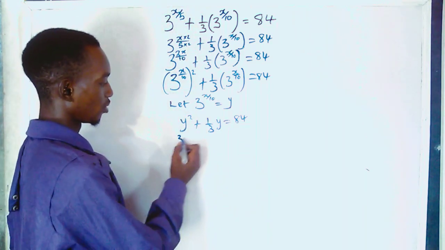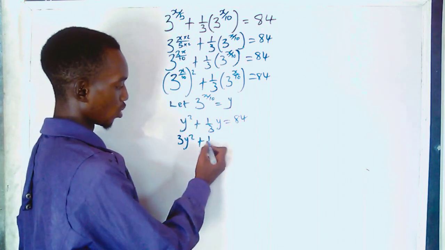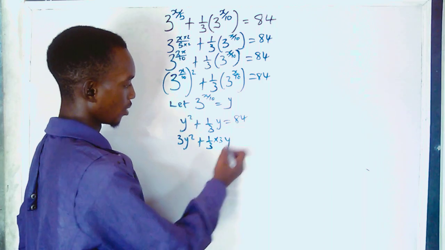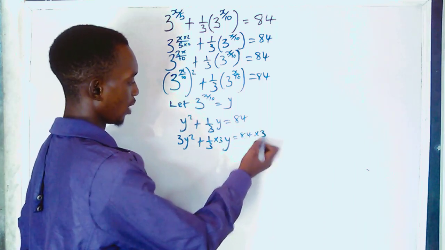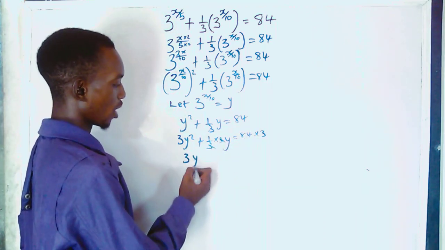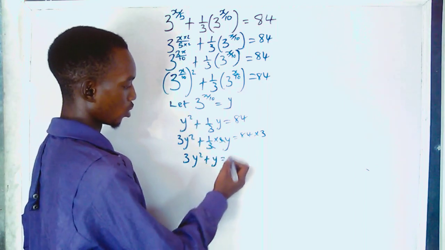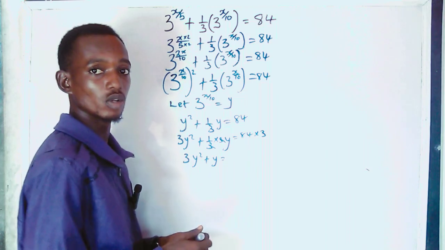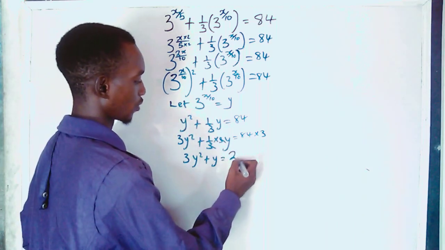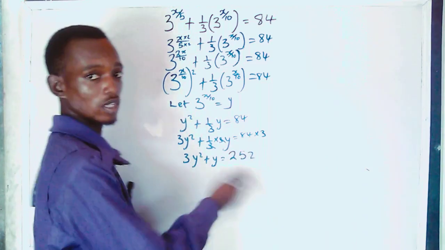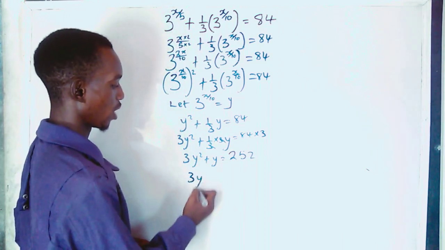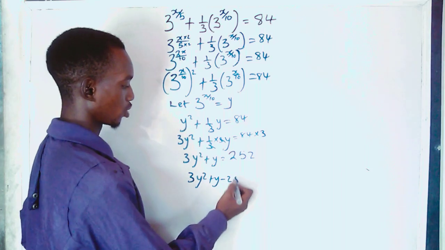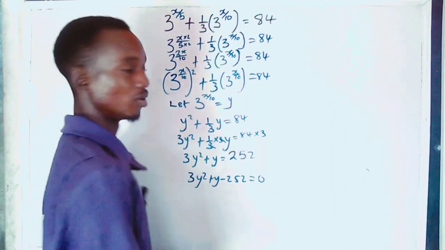So we have 3y squared plus 1 over 3 times 3y equals 84 times 3. So we're left with 3y squared plus y equals, now 84 times 3 is going to give us 252. So then rewriting this, we have 3y squared plus y minus 252 equals 0.